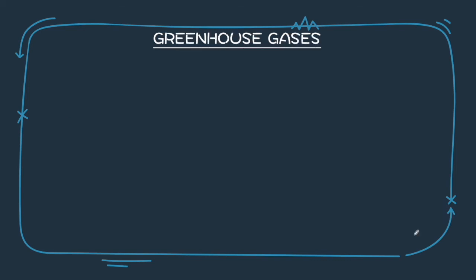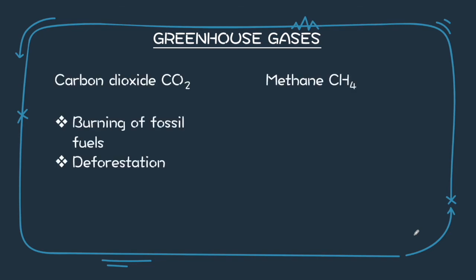Whenever we talk about CO2, the very main thing is greenhouse gas. The two main greenhouse gases that you must memorize in this chapter are CO2 and methane, CH4. The amount of CO2 in our atmosphere is mainly affected by these two factors: the burning of fossil fuels and deforestation. You have to take note, burning of fossil fuels injects CO2 into our atmosphere.